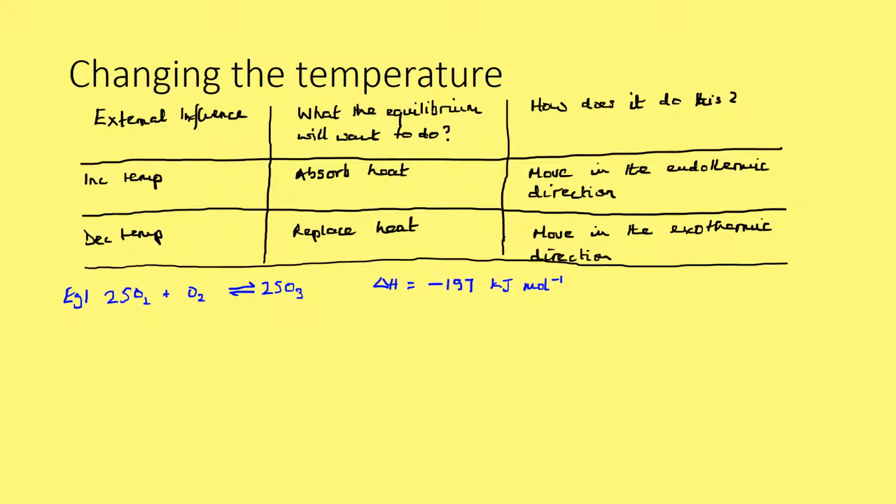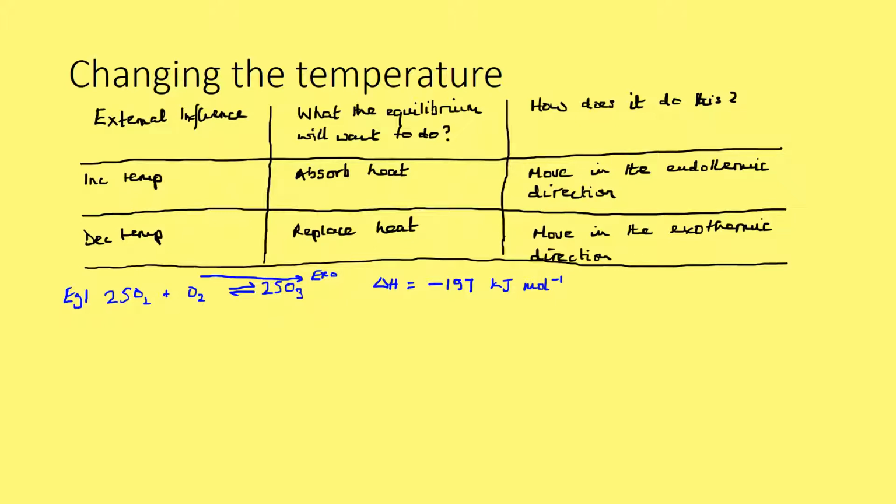So the standard way of writing these enthalpy changes is that the enthalpy change that is listed always applies to the forward direction. So in this case, we can see that it is this reaction here that is the exothermic reaction.